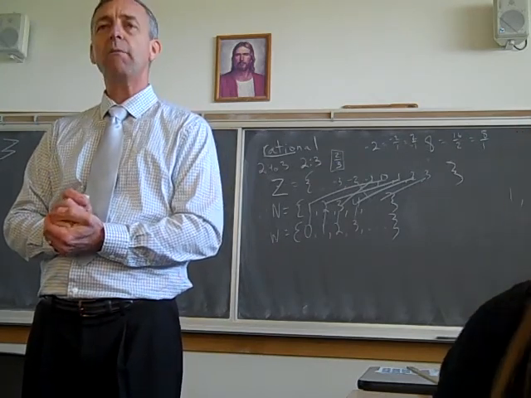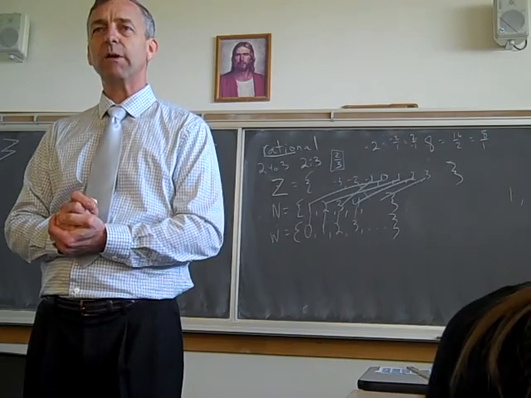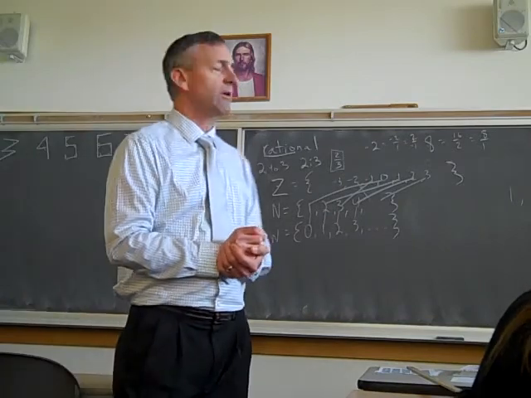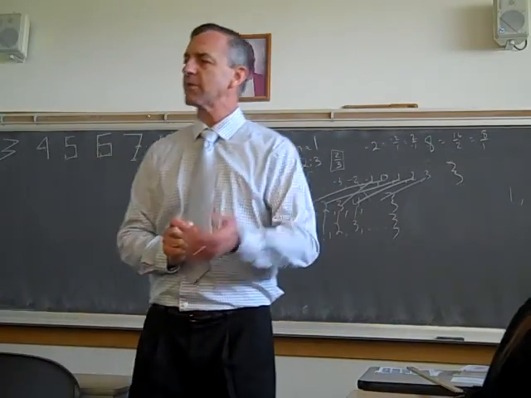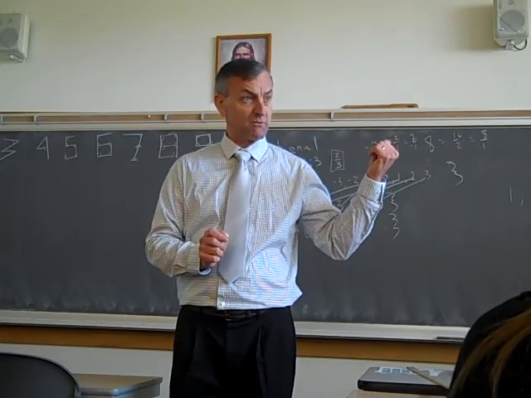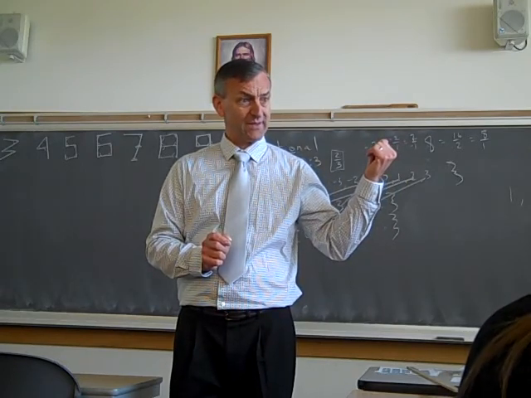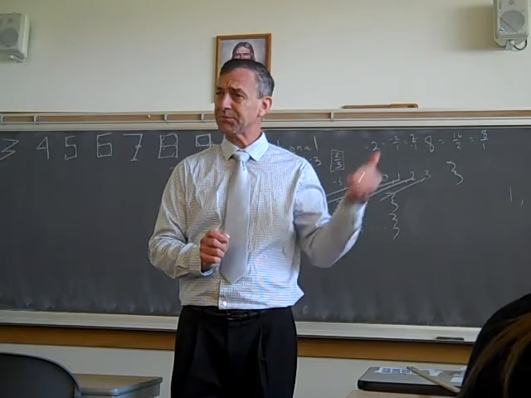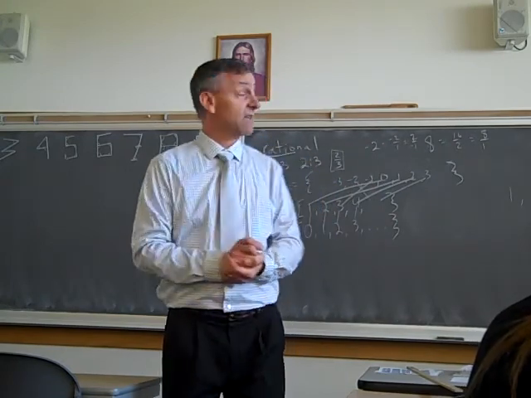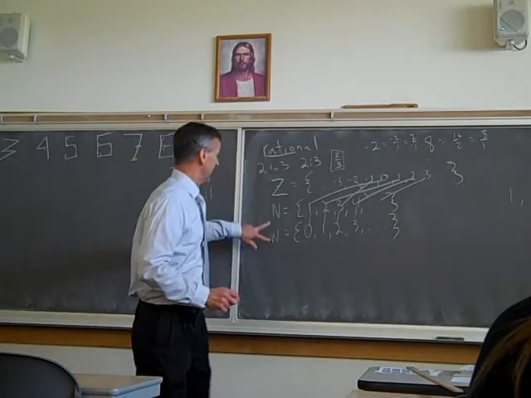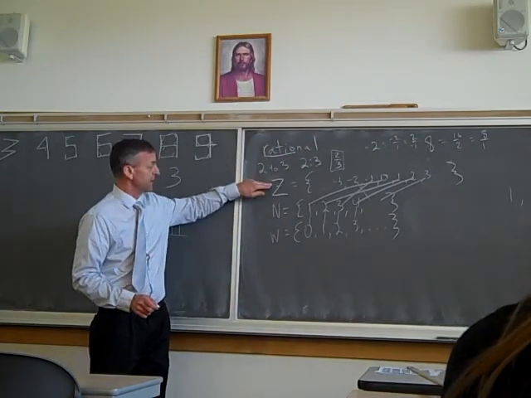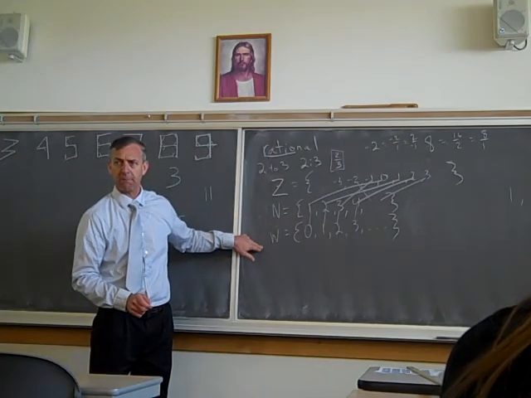So, one of your jobs is to be thinking about, could I make a one-to-one correspondence between the counting numbers and the fractions, the rational numbers? Is it possible? So far, we've said that these two are the same size, and these two are the same size, which means these two are, right?